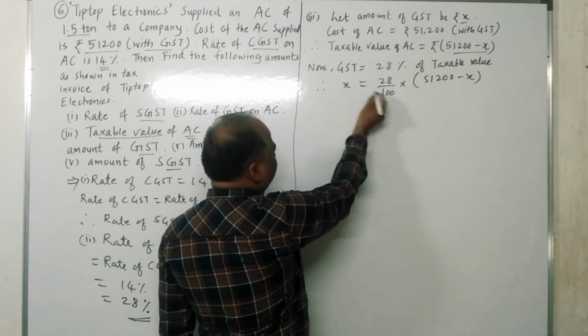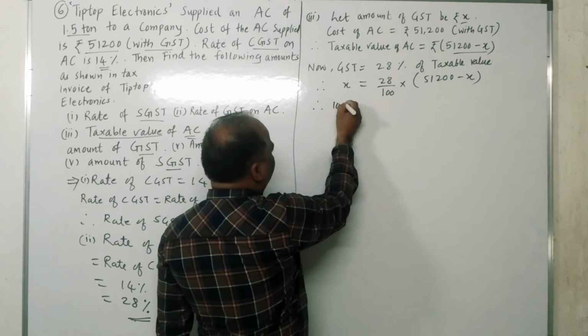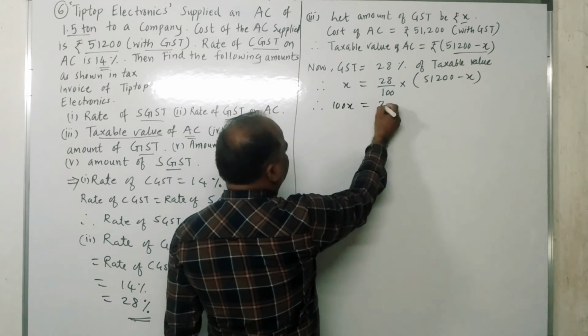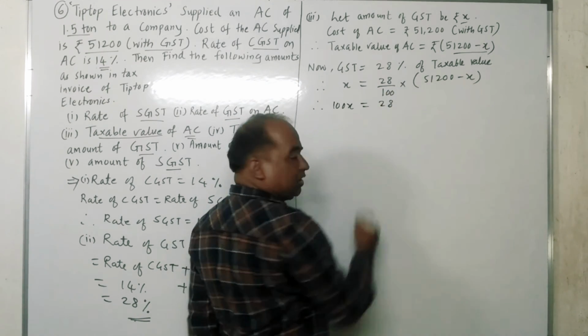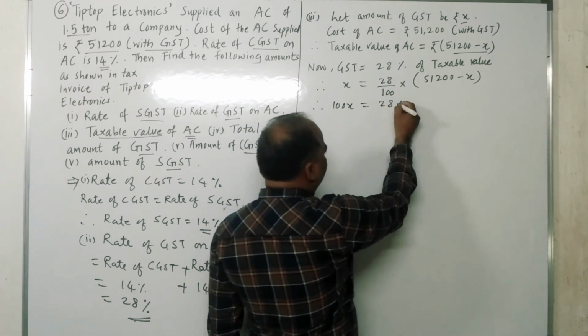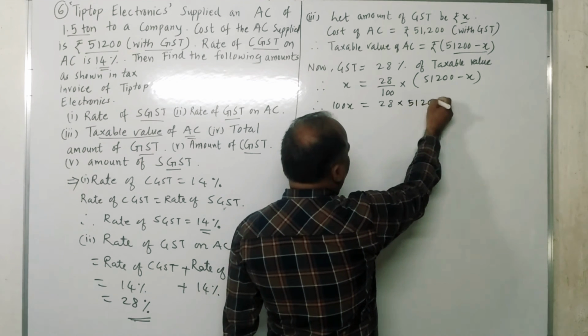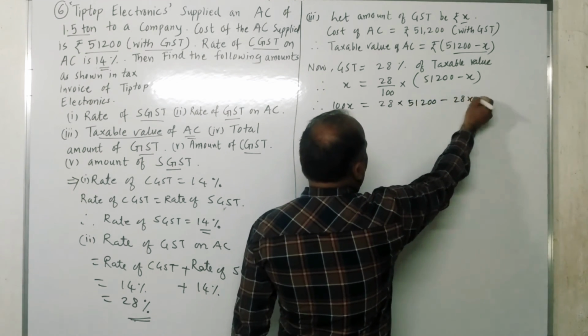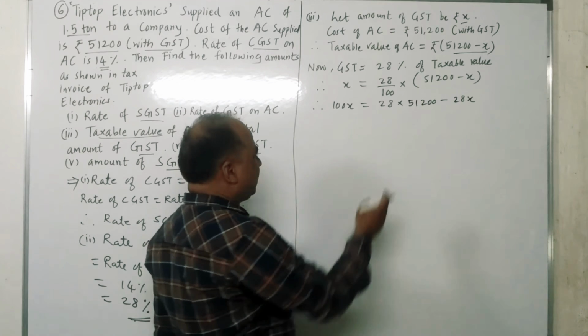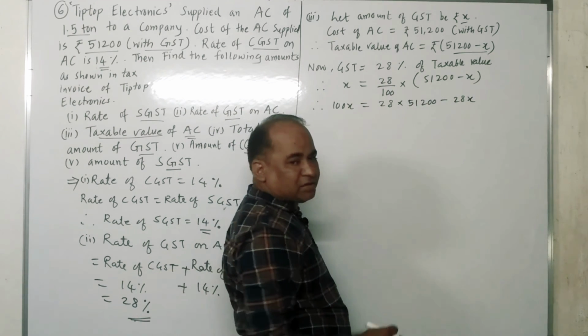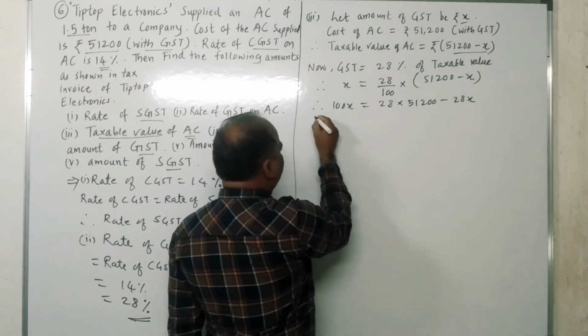Now here 100 will get multiplied, so 100x is equal to 28 will get multiplied to this bracket, 28 into 51,200 minus 28x. Now take this minus 28x to the left hand side of the equal to sign.